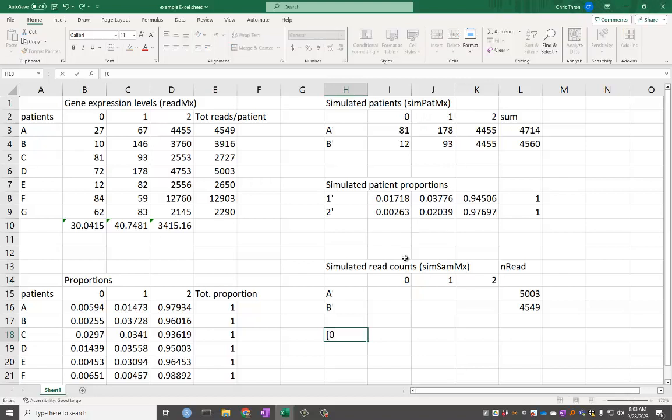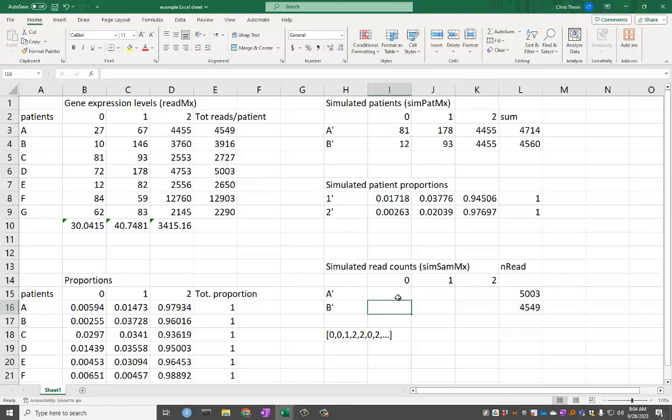So you first will generate something like 0, 0, 1, 2, 2, 0, 2, etc. So you'll generate 5,003 of those numbers. From that sequence of 5,003 numbers, you're going to extract the counts of each gene.